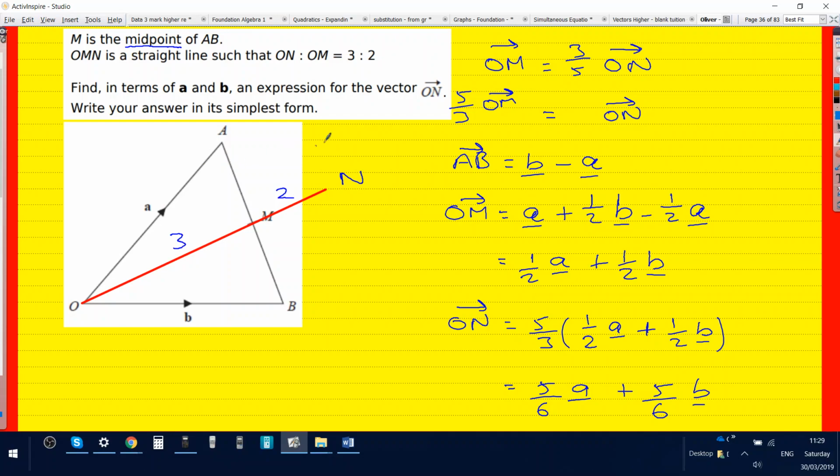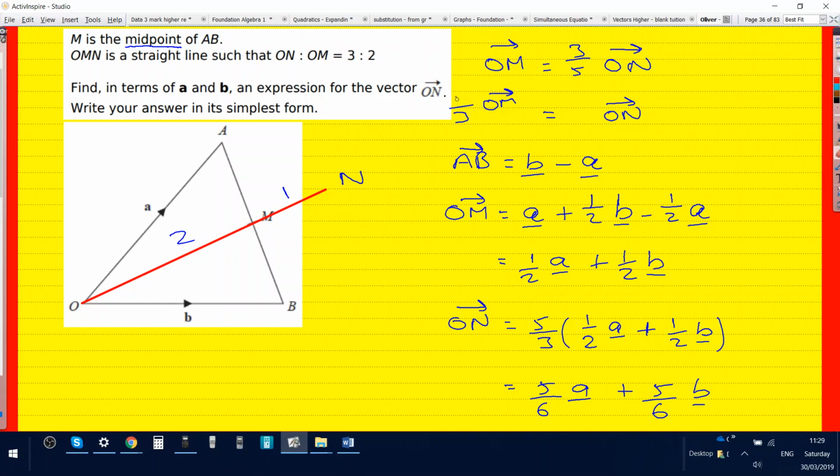I think we put the 3 and 2 the wrong way. The whole thing is 3, and this is 2. So that's 2 and that's 1, is it? The whole thing is 3. Yeah, because I'm still so used to the old normal way.